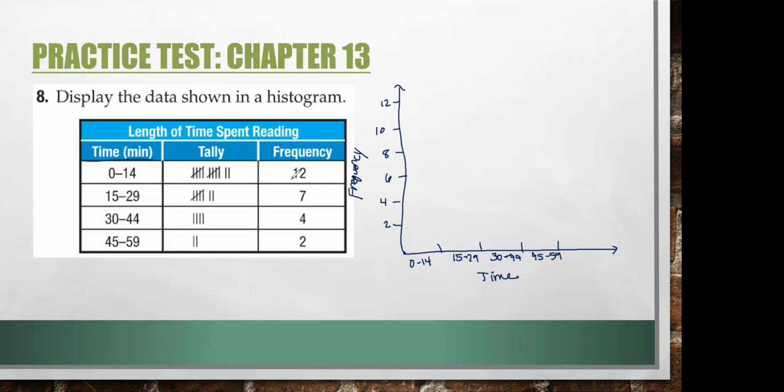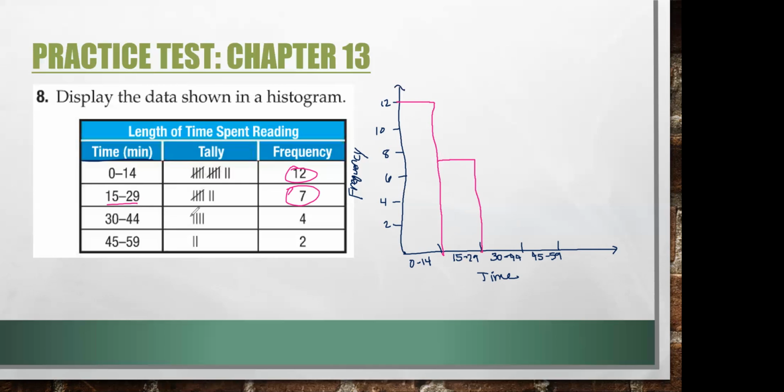Okay. All right. And then you're going to make your bars here, right? So according to the frequency. So from 0 to 14 minutes, there's a frequency of 12. So that means I'm going to make a bar up to 12, right? And then from 15 to 29, there's 7. So that's halfway between 6 and 8. Okay.